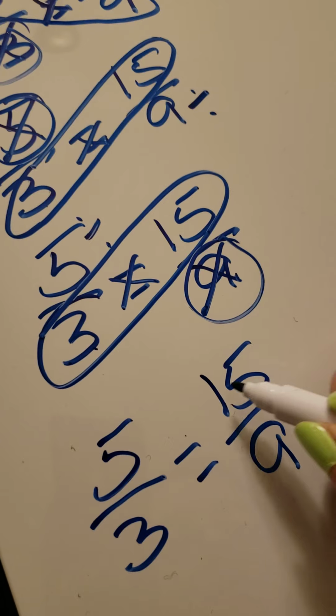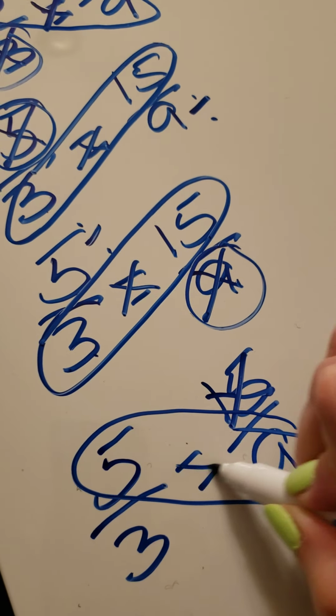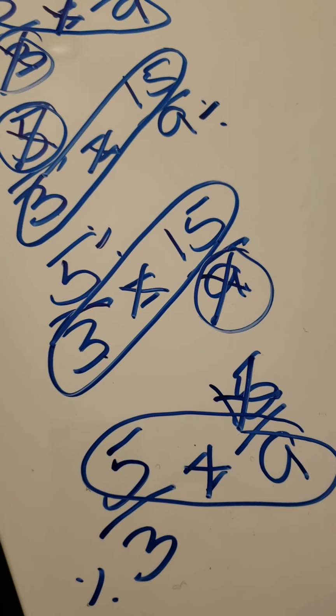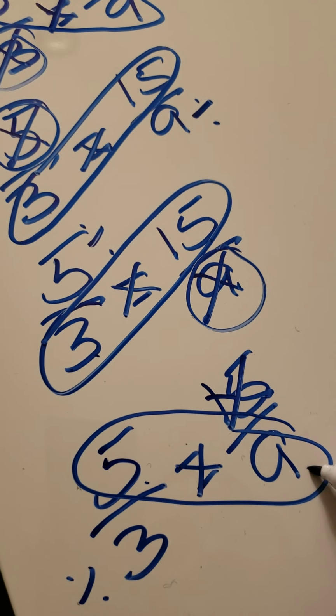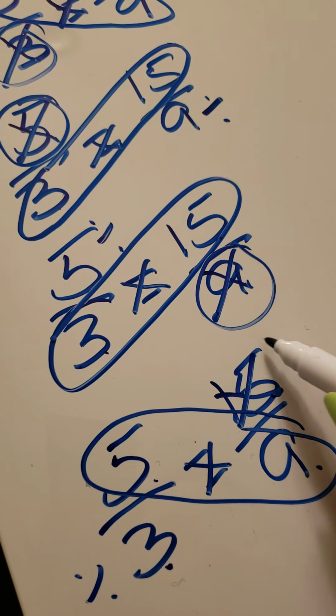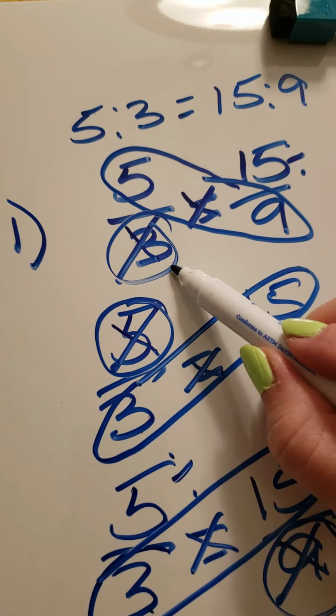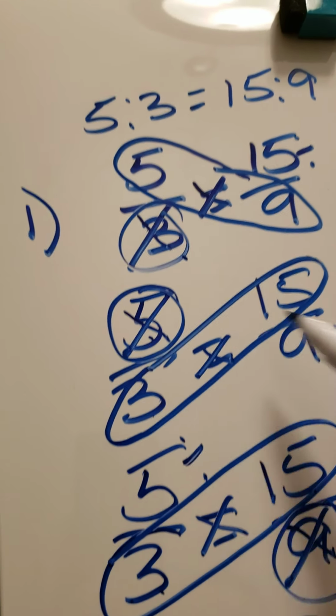Hiding the 15. Cross multiply and divide. 5 times 9 is 45, divided by 3 gives me 15. Every single time I hid a number, I got the number.